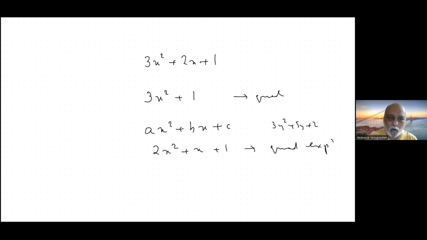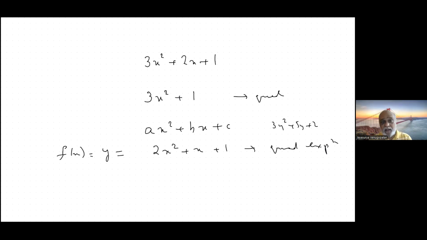Typically, what we do is x is called the independent variable because you can give it any value you want, and the dependent variable would be termed as y equal to 2x squared plus x plus 1. So y will take different values depending upon the value of x you give here. Or we can also write f of x, function of x, is equal to y is equal to 2x squared plus x plus 1.